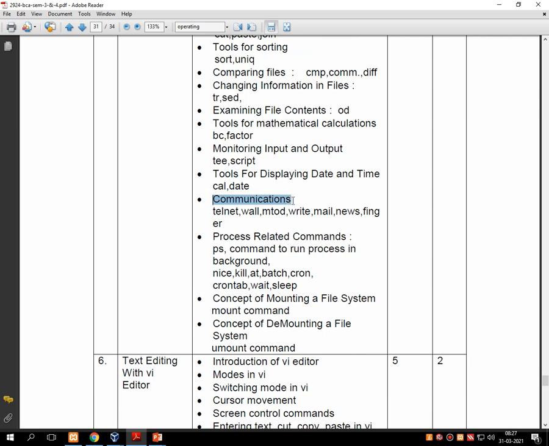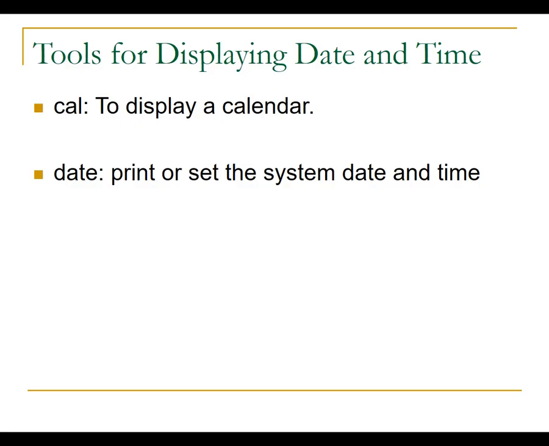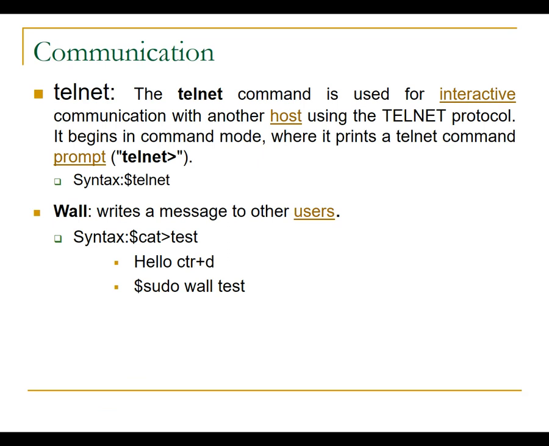Next are various types of communication commands. The group of commands are telnet, which we have already done, then wall, motd, write, mail, news, and finger. Let's see how it works.